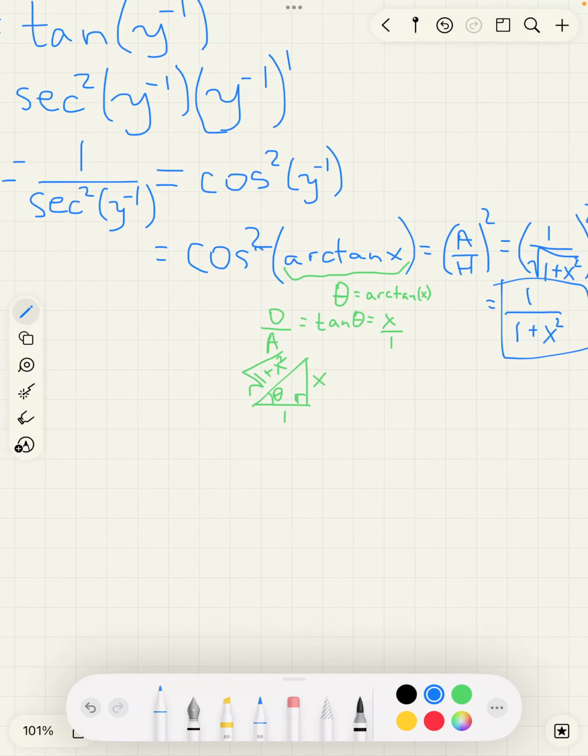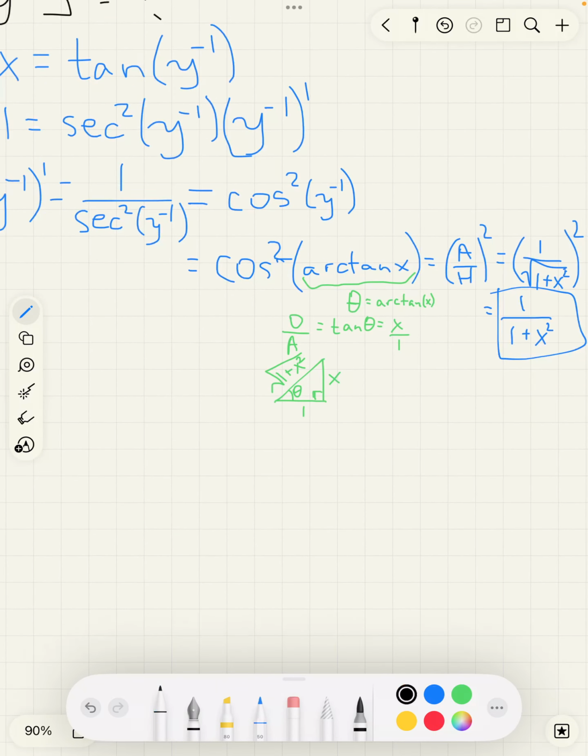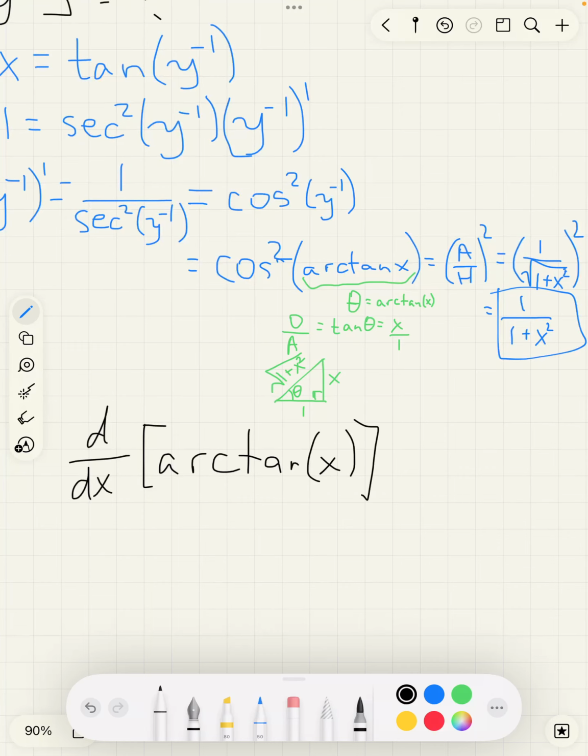So what we've just discovered is that the derivative of arctangent x is 1 over 1 plus x squared.